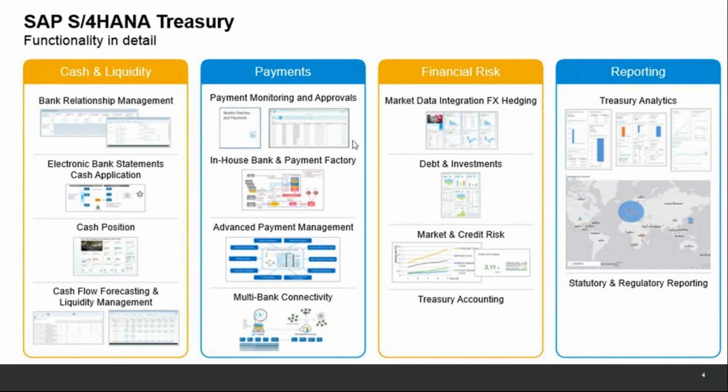Multi-bank connectivity covers how SAP is trying to build a platform to bring all your banks into a common platform, so that your cost and the coordination or connectivity effort reduces. Again, it's a separate license, it doesn't come under the treasury license or cash management license. There is a separate license required for multi-bank connectivity.